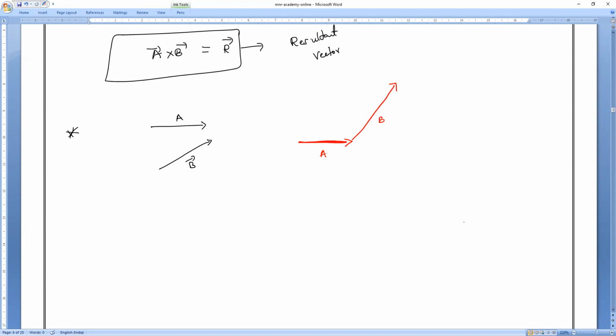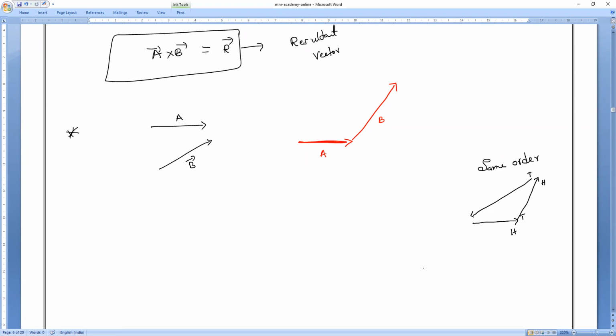Same order means, all of you observe, this is vector A and this is vector B, and if I make it like this, that is vector C. Head to tail, next one head to tail, so it is following the same order.